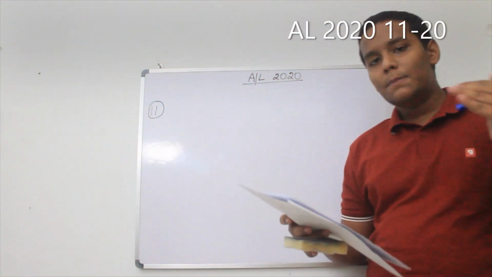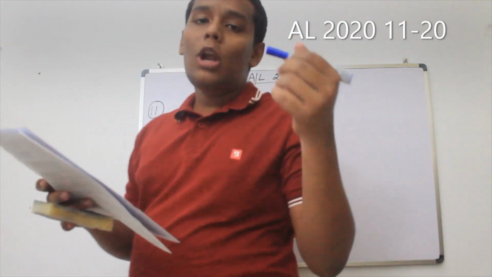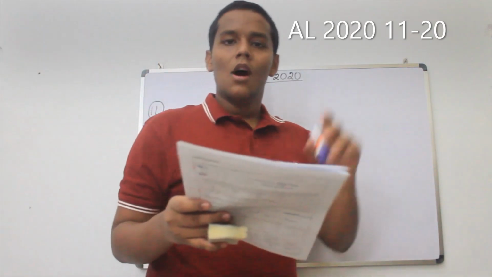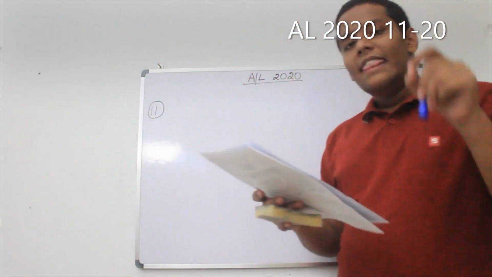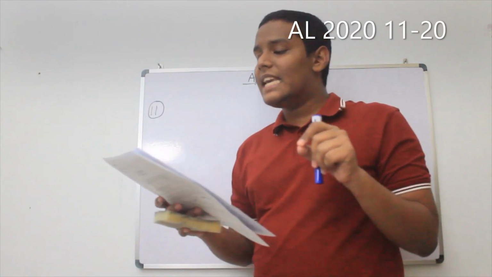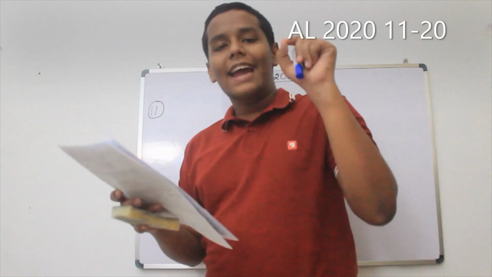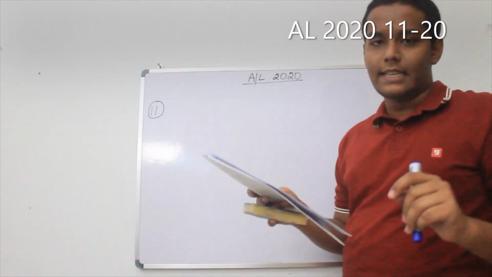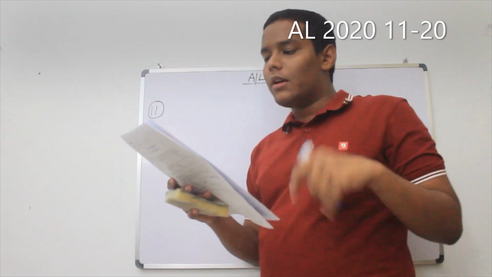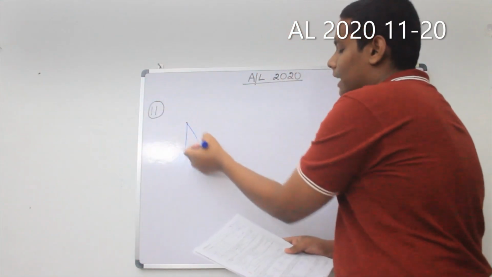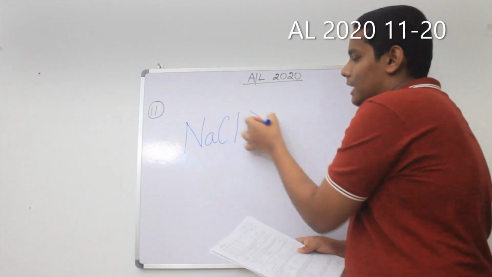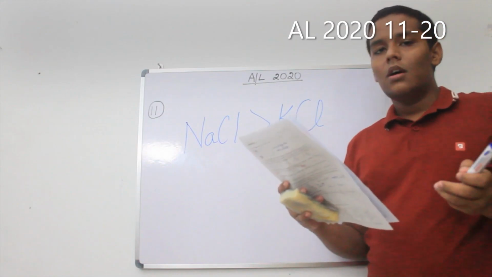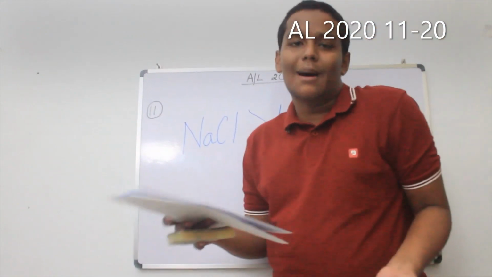So since K plus is bigger than Na plus, the polarizing power of K plus is lesser than Na plus, which means that the ionic character of KCl is greater. So if the ionic character of KCl is greater, then the covalent character of KCl is lesser. So the covalent character of NaCl is bigger than the covalent character of KCl. That is one conclusion that we can come to.